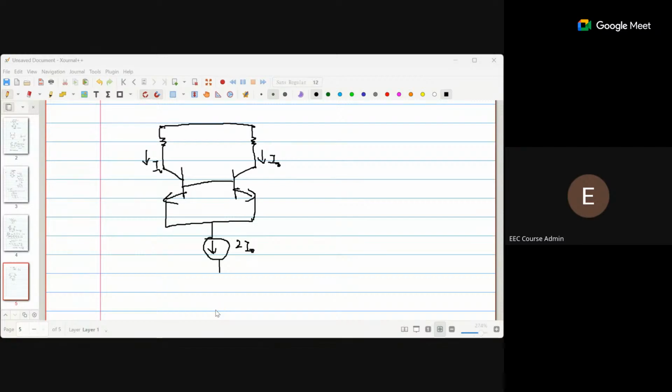You can have a large difference in the two input signals and a small differential voltage, correct? Tell me when you have this I naught flowing on either side and summing up as 2 I naught flowing towards the ground, and when the entire 2 I naught is flowing in one of the transistors, fully on, and the other is off.